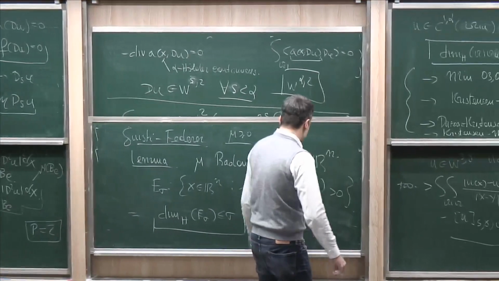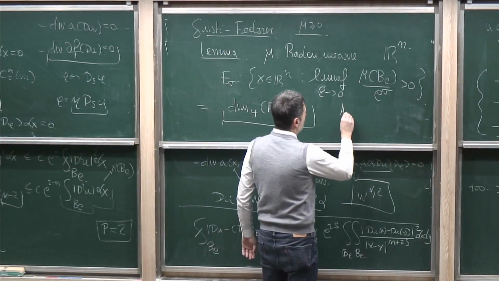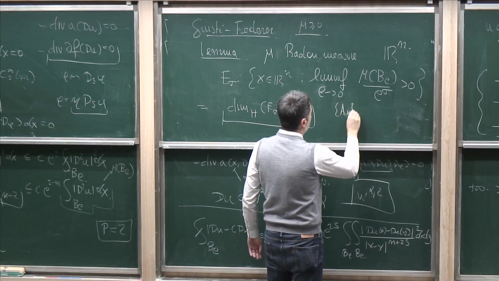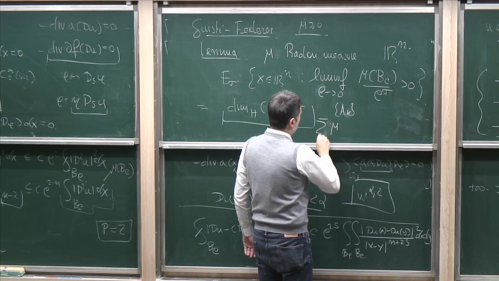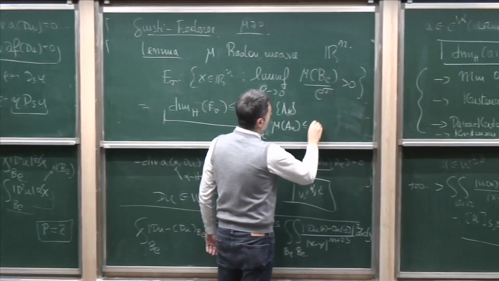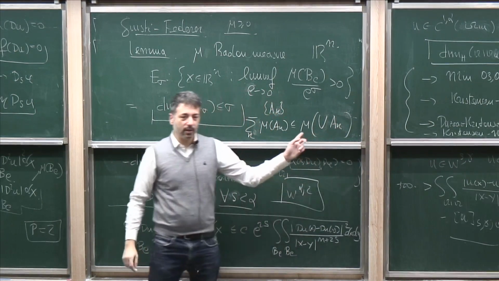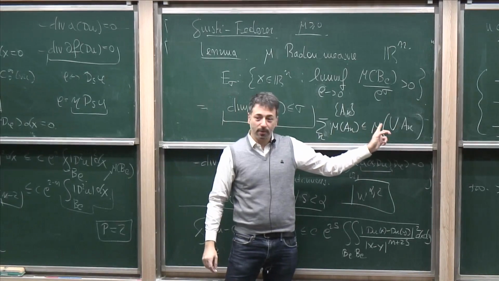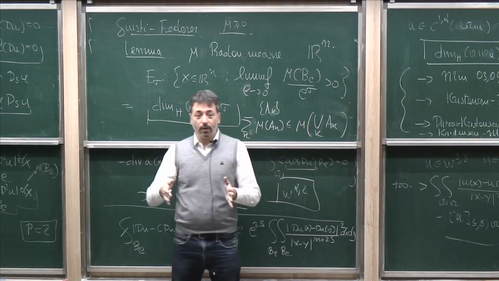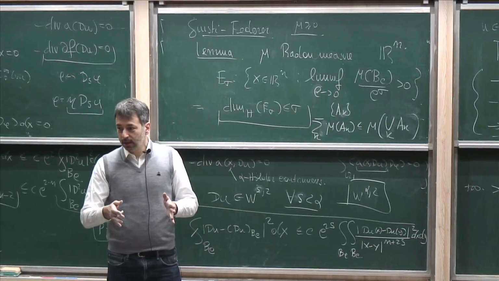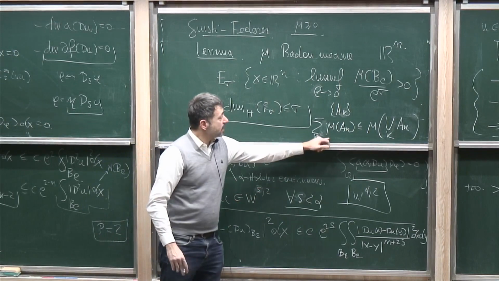So if you take a sequence of disjoint subsets, let's say A_k, then the sum over k of this on A_k is less than or equal to this on the union of A_k. Measures are additive, with equality when all these are disjoint, while here you get that this is superadditive. And this makes this work.